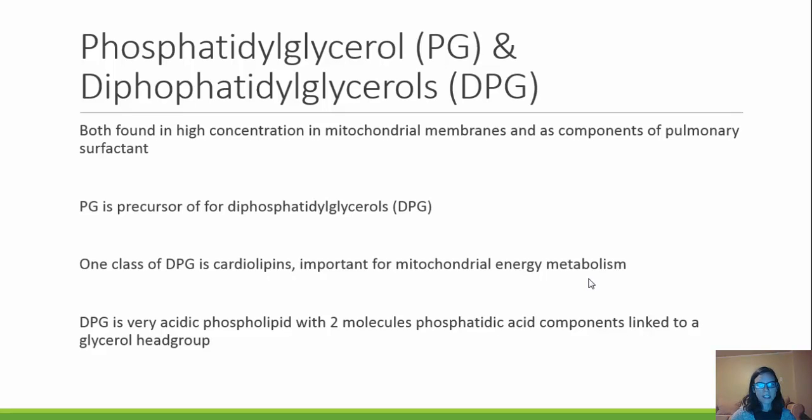Cardiolipins occur in the mitochondrial membrane and are important for enzyme function in mitochondrial energy metabolism. DPG is a very acidic phospholipid in which 2 molecules of phosphatidic acid are linked to a glycerol head group. So we have 2 phosphatidic acids instead of just 1.